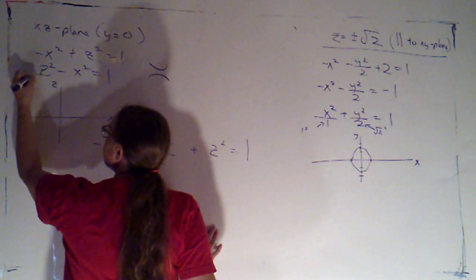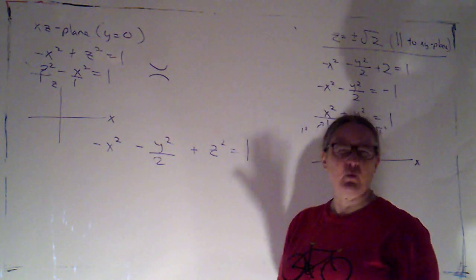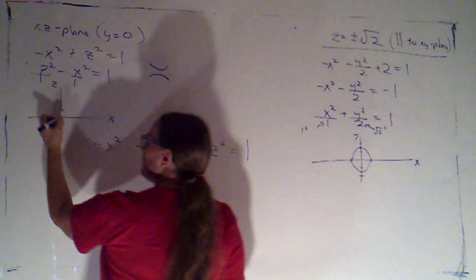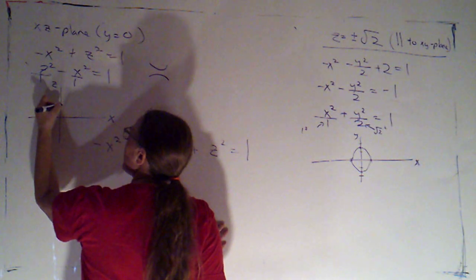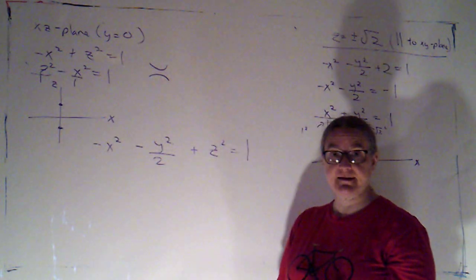Now, both of these I can write as over 1, which is just 1 squared. So from the center at the origin, I'm going to come up 1 and down 1, and that gives me my vertices.